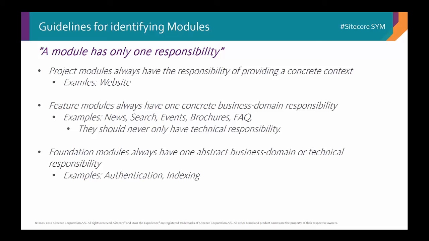Something that is specific for the business domain. They should never have any real technical responsibilities. They have a responsibility in terms of the business domain. Foundation modules always have one abstract business domain or technical responsibility. For example, authentication, indexing, Sitecore extensions, which is a bad name. But yeah.